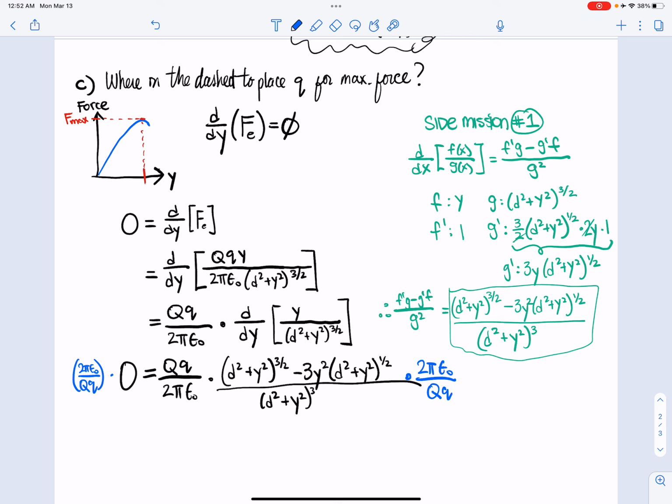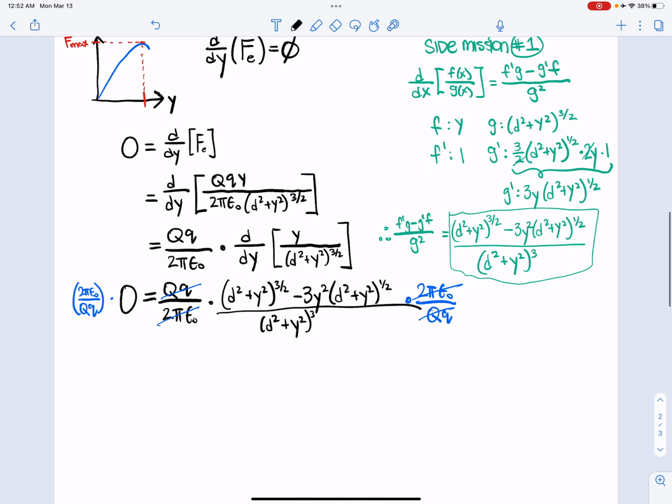So clearly this will cancel out with this, and this will cancel out with this. And on the left side of my equation, anything multiplied by 0 is still 0.